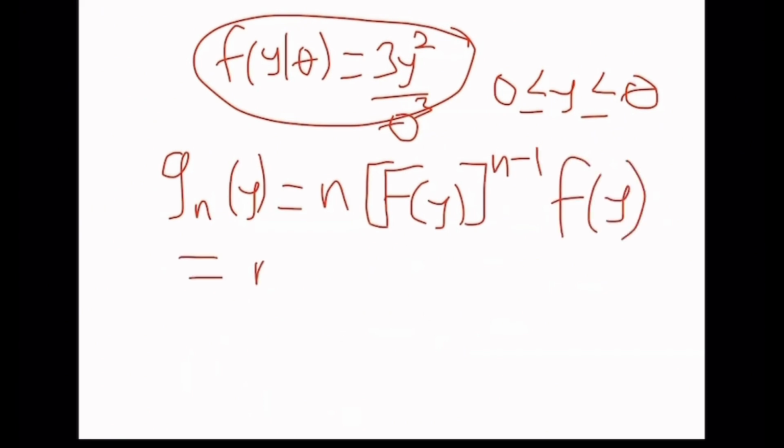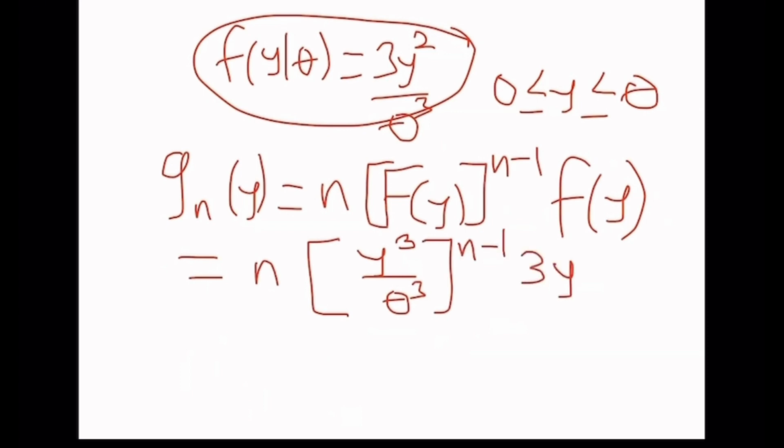I've gotten my F of y to be y raised to power 3 divided by theta raised to power 3, everything raised to power n minus 1, and don't forget f of y is 3y squared divided by theta cubed.